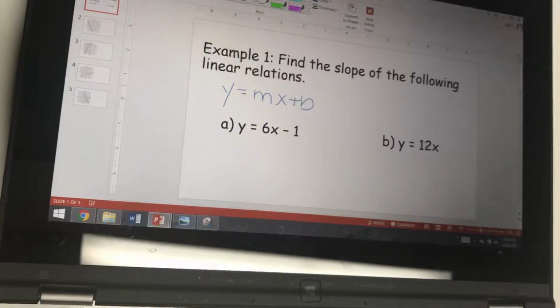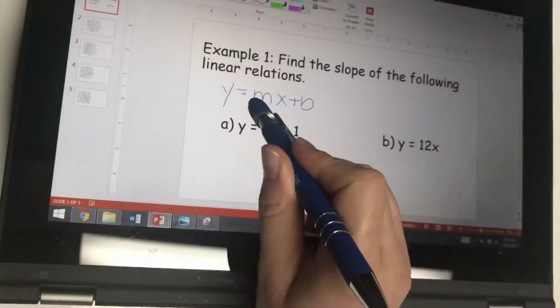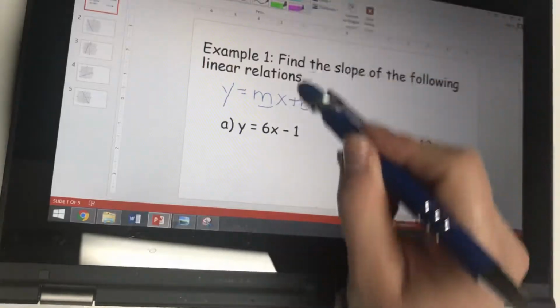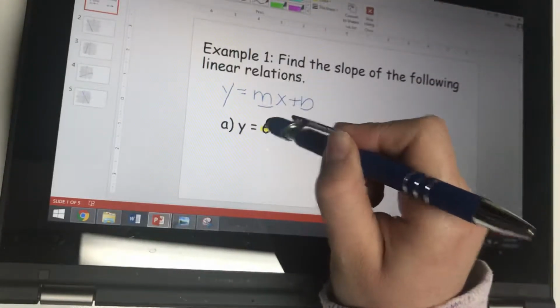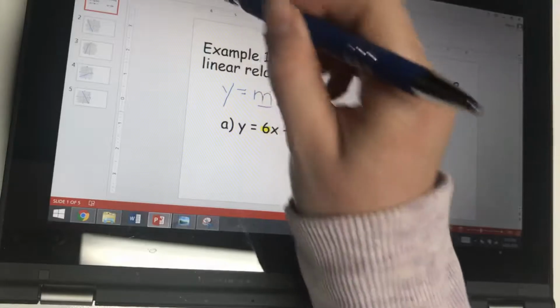So our slope, or our constant, is this m, which means that our slope in this case is going to be the 6.